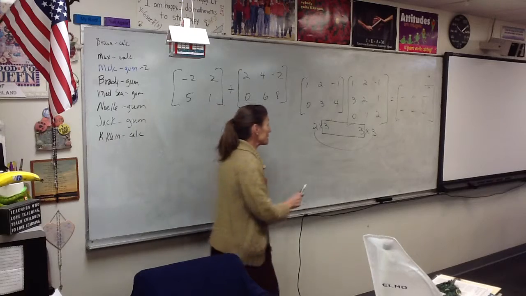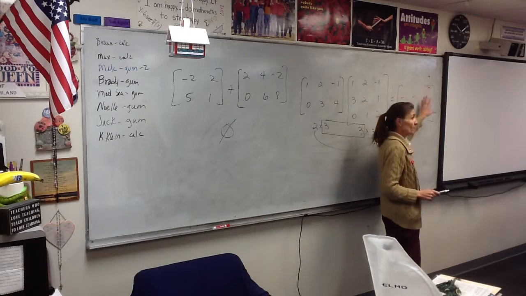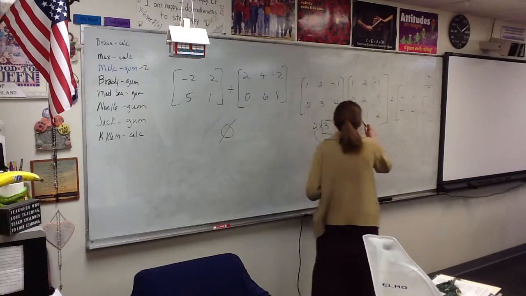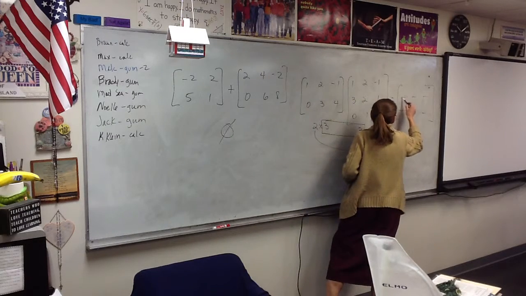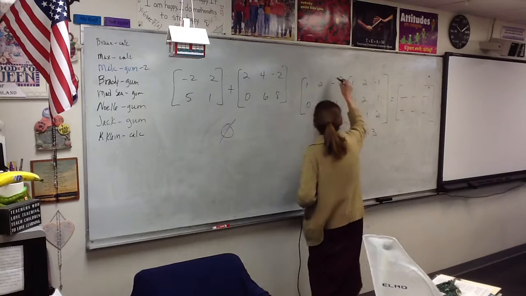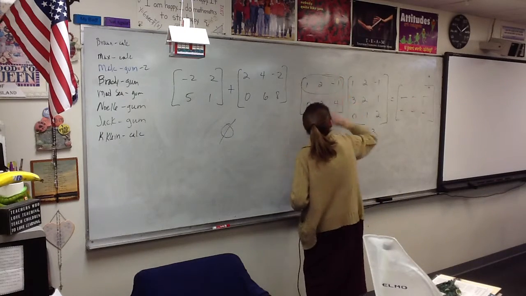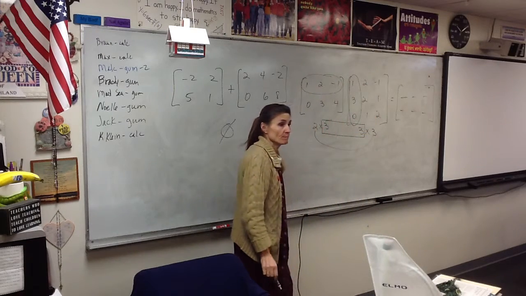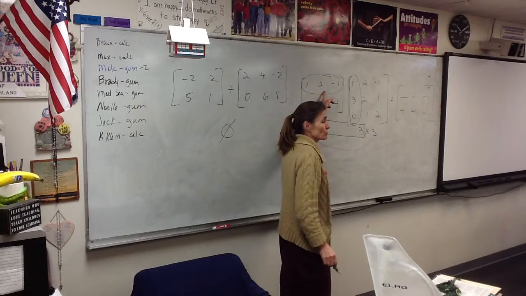All right, so now I need to figure out these numbers. How do I find this number right here? First row, first column. So I'm going to multiply the numbers in the first row by the numbers in the first column. How many numbers are in the first row? 3.